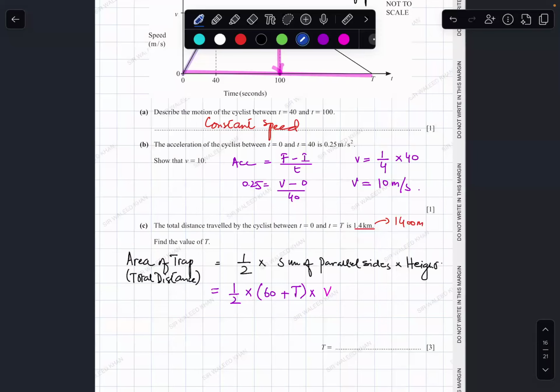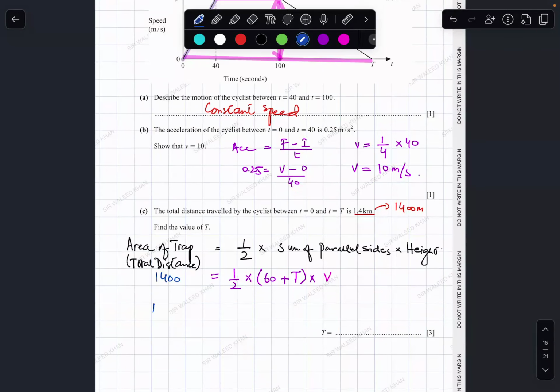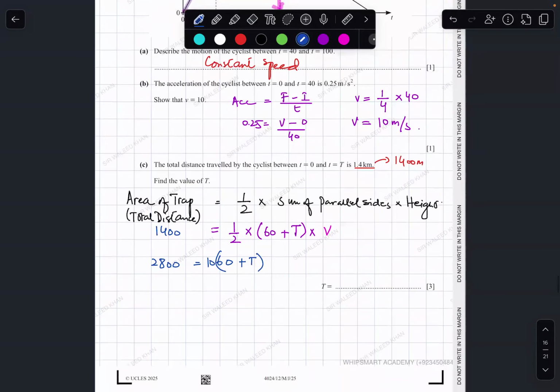And this was 1400. So now 1400 times 2, that will be 2800 is equal to 60 plus t times 10. Okay, v was 10, that's why. So 60 plus t, divided on the other side, that is 280.